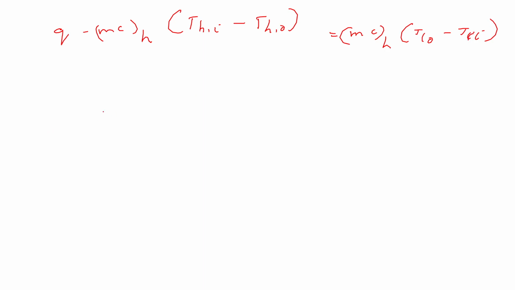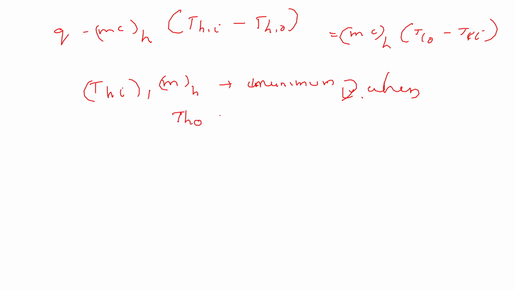For fixed T_h,i, m_h will be a minimum when T_h,o is a minimum. If T_h,o is minimum, then with T_h,i, m_h will be minimum. Now we have to calculate minimum m_h.